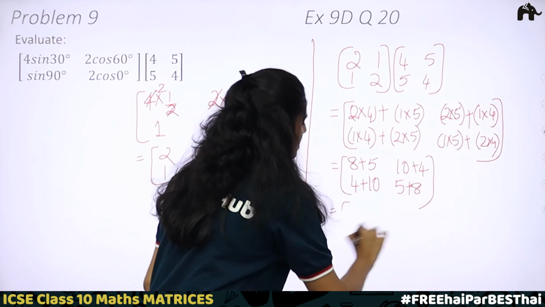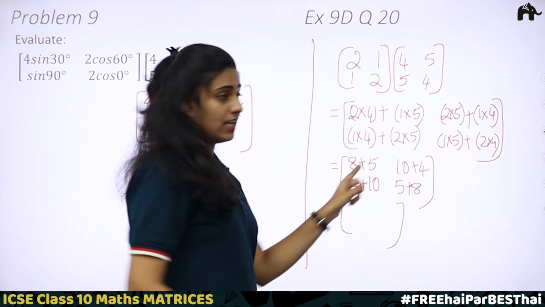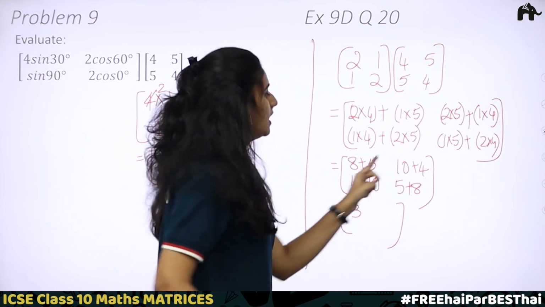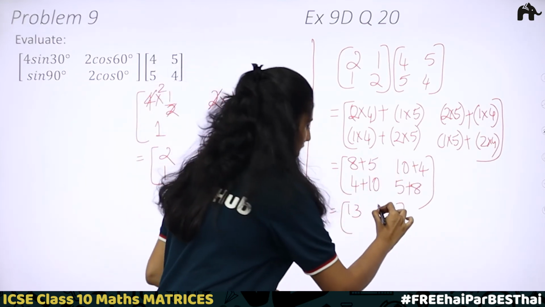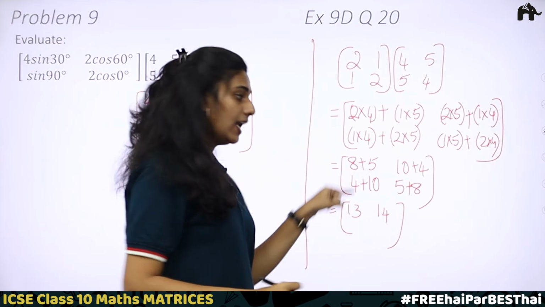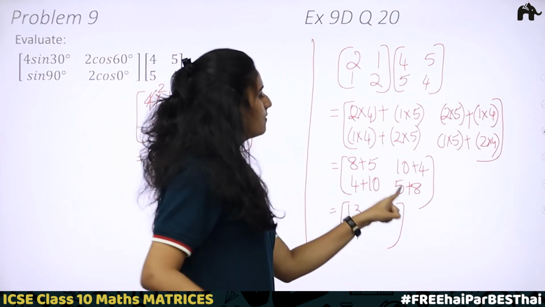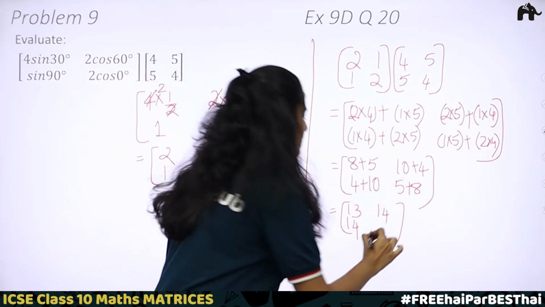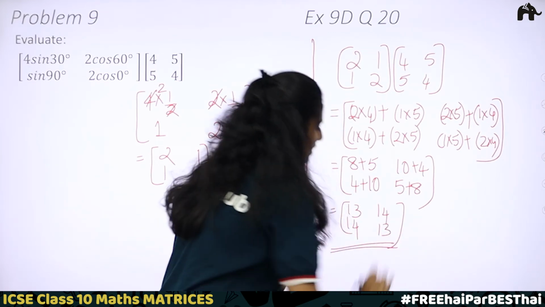Then what are the elements? 8 plus 5 is 13. 10 plus 4, 14. 4 plus 10, again 14. 5 plus 8, 13. So we have [13, 14; 14, 13].